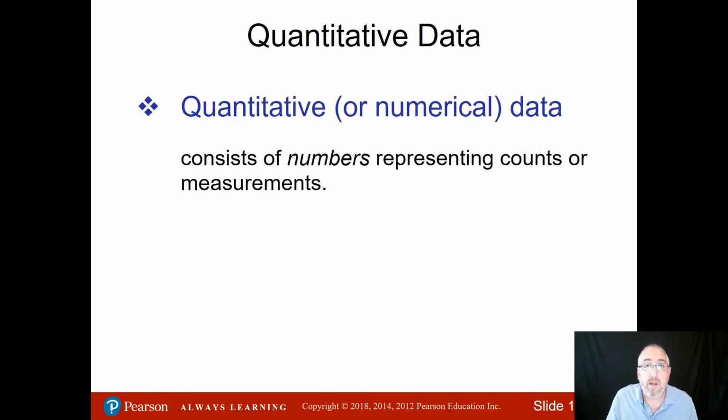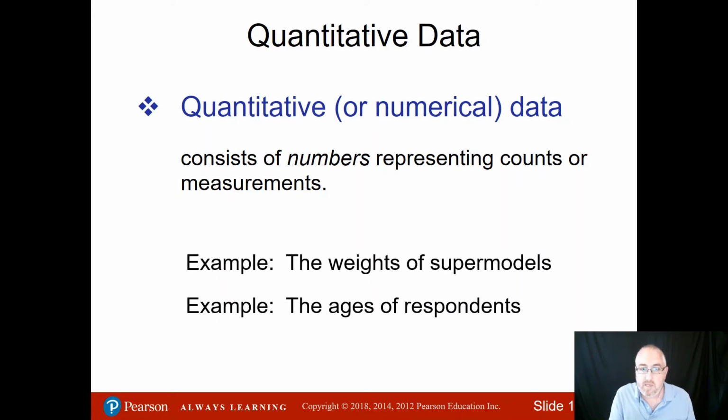We have quantitative data. Quantitative or numerical data consists of numbers representing counts or measurements. Another way to think of it is that quantitative has the word quantity in it. If you have a quantity of something, you have a specific amount of something, a numerical amount. Examples: the weights of supermodels, the ages of respondents.